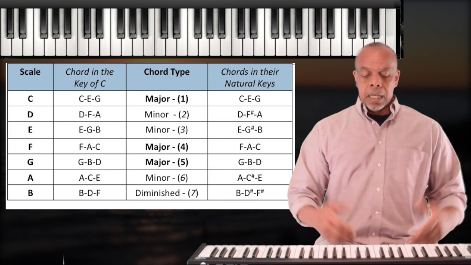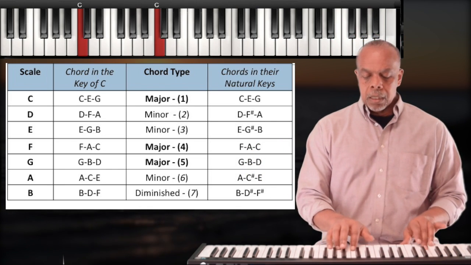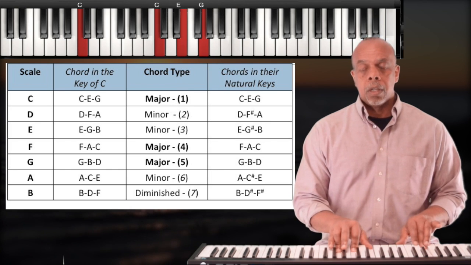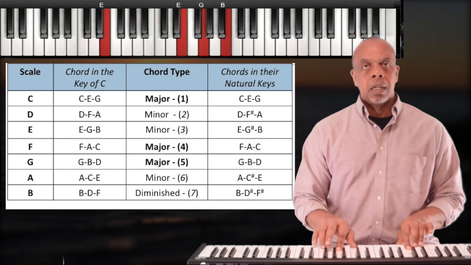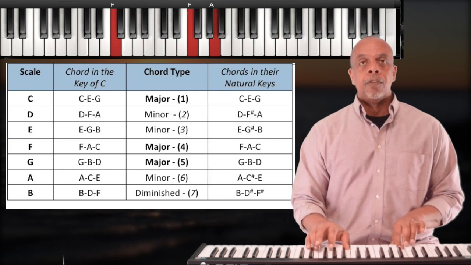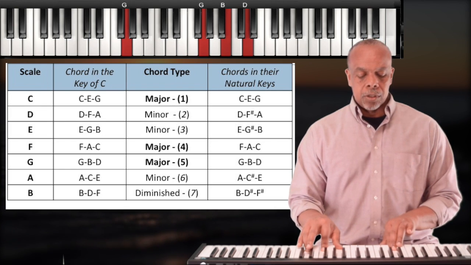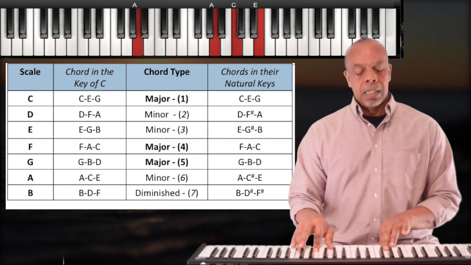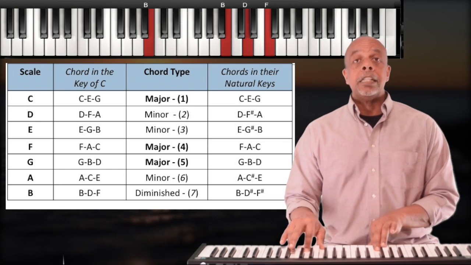So if we look at this scale, and this works in every scale: the 1 is always major. The 2 is minor. The 3 is minor. The 4 is major. The 5, major. The 6 is minor. And the 7 is diminished.